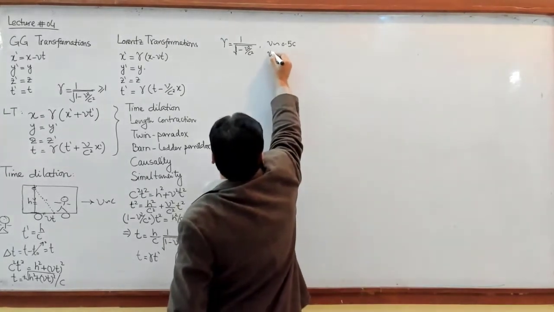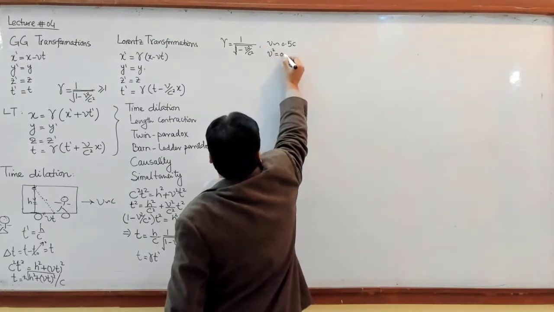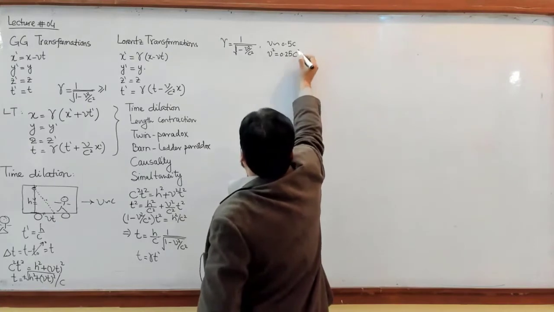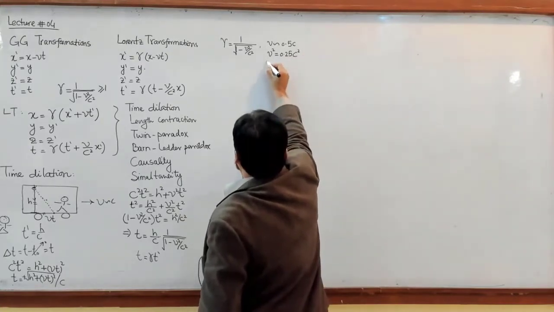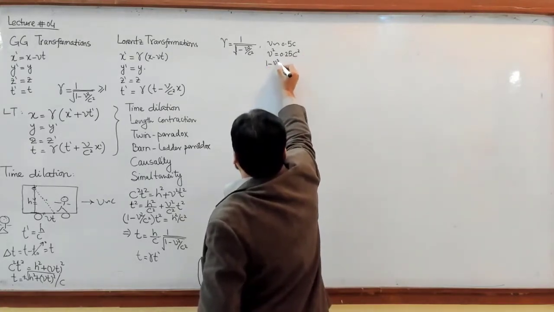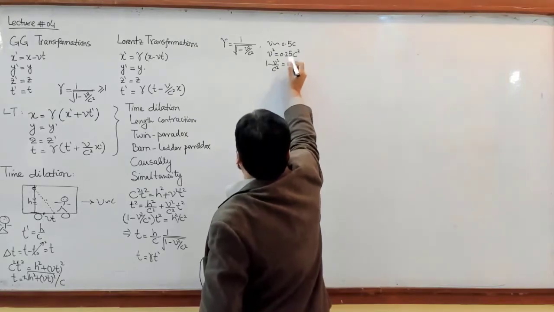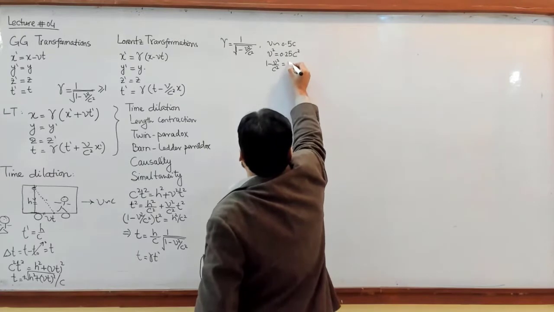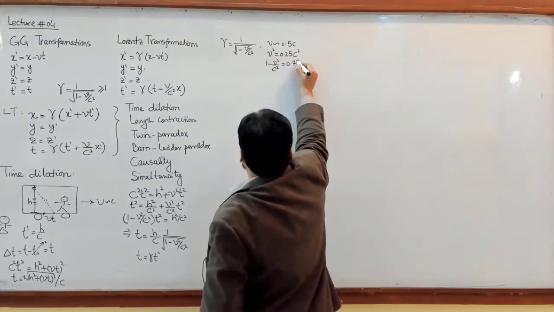Then what about v square? It will become 0.25 c square. And what about 1 minus v square over c square? Just divided by c square, subtract from 1. So it will be 1 minus 0.25, 0.75.